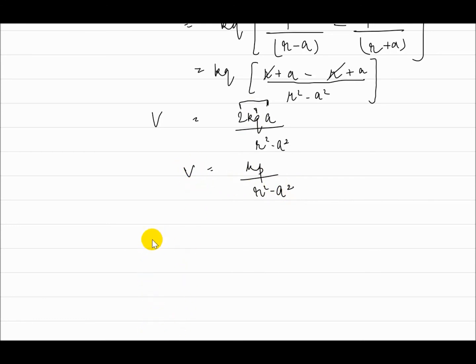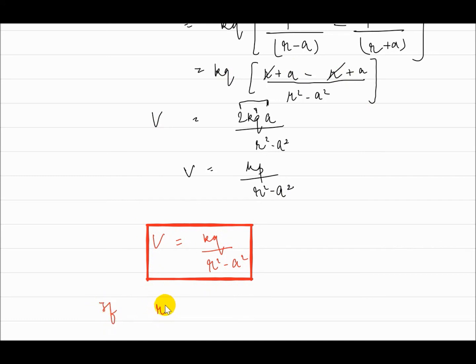So the potential at the axial line of a dipole is kp upon r square minus a square. And for the special case, if r is greater than a, then V becomes kp upon r square.